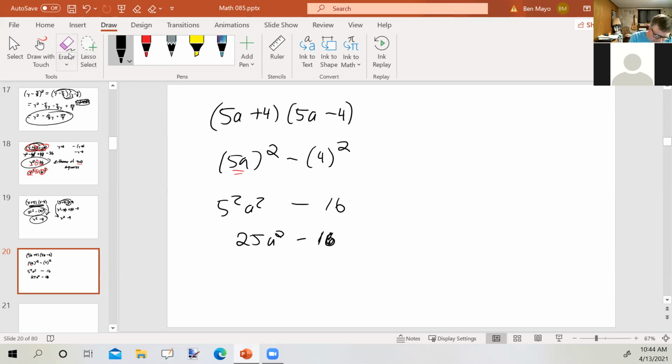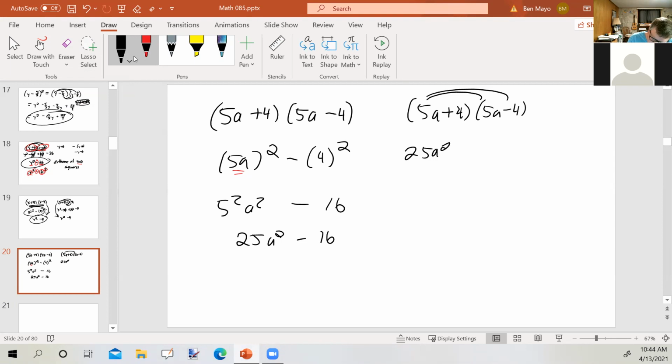But again, if you don't feel comfortable doing that shortcut pattern, you could also go back and multiply it one at a time. 25a squared minus 20a plus 20a minus 16. Cancel the middle terms. 25a squared minus 16.